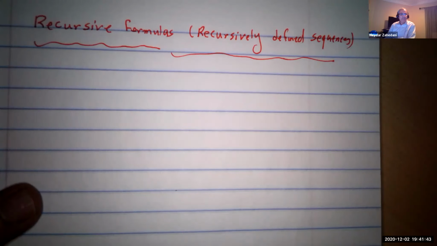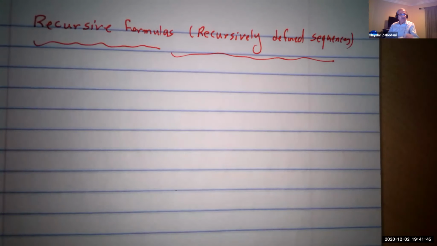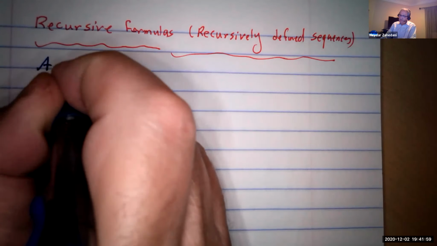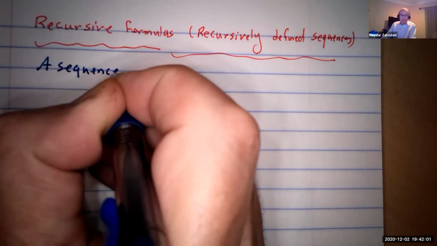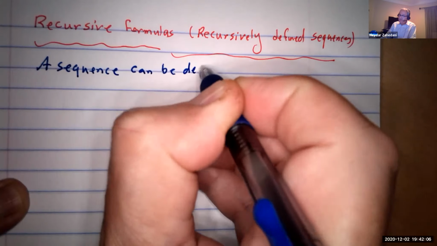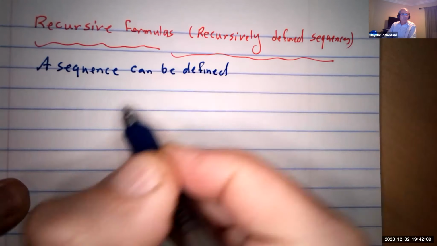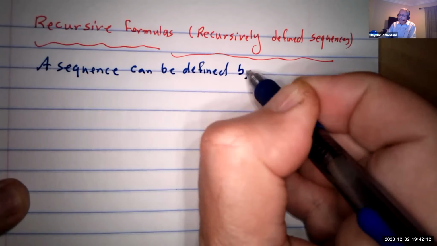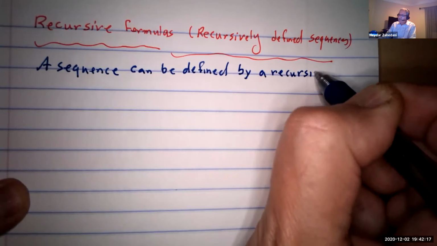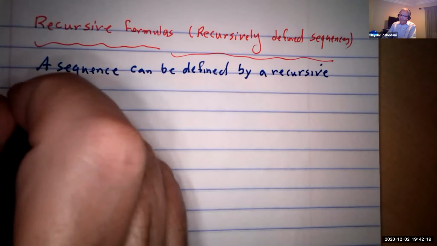Very, very popular one. So what is going to be the definition? A sequence can be defined recursively, by a repeating or recursive formula.